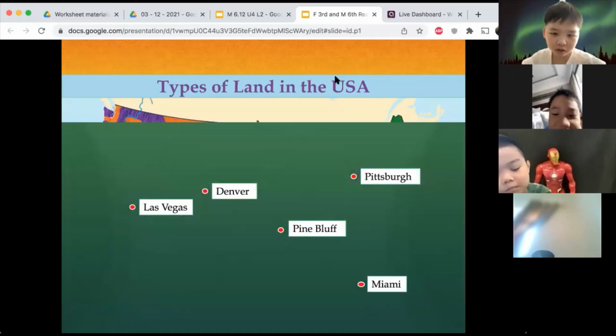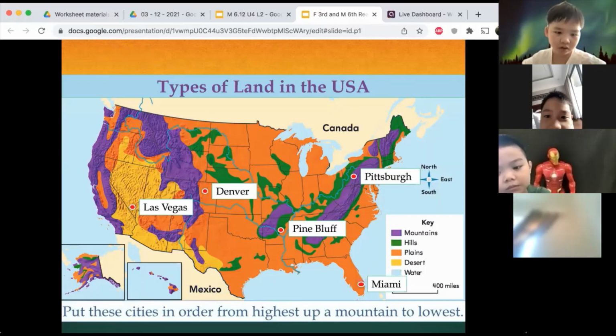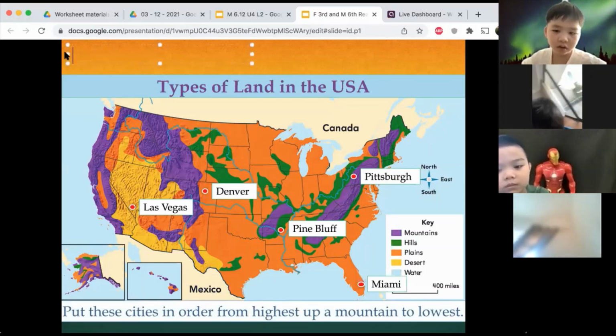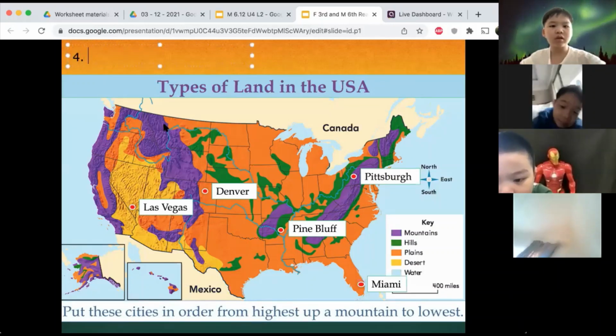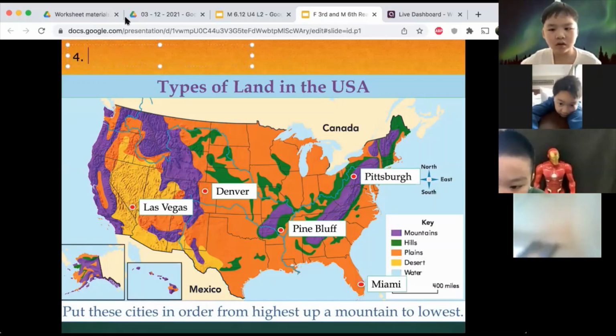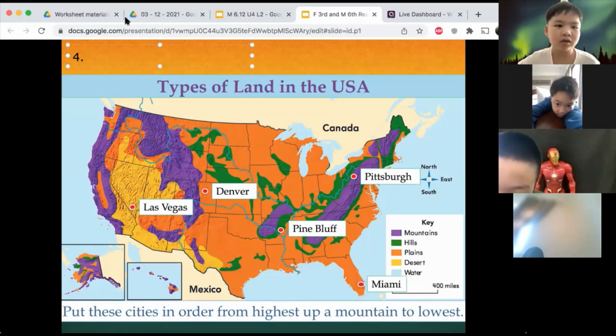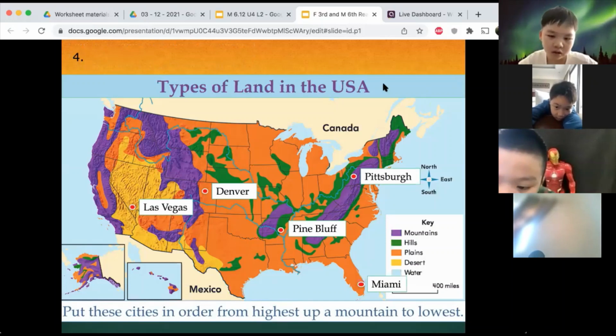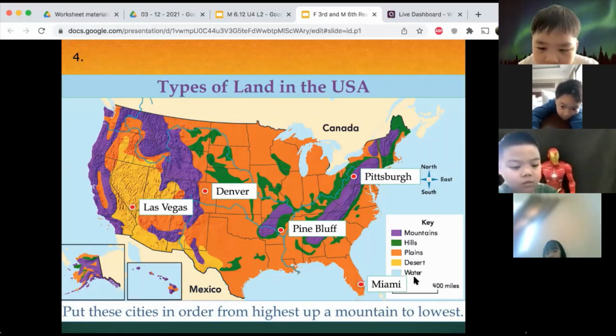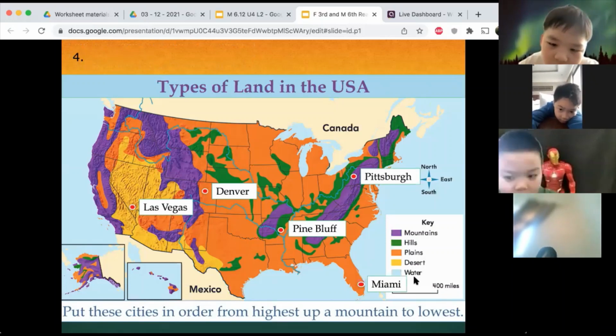Number 4, this one's a little harder. Put the cities in order from highest up a mountain to lowest. Which cities will be the highest up and which ones will be the lowest down?